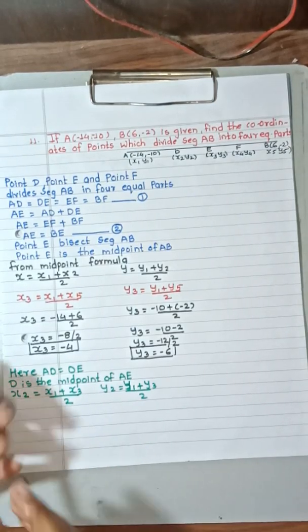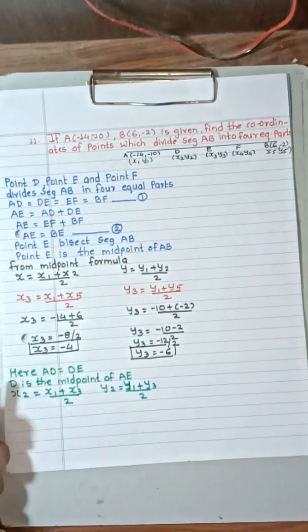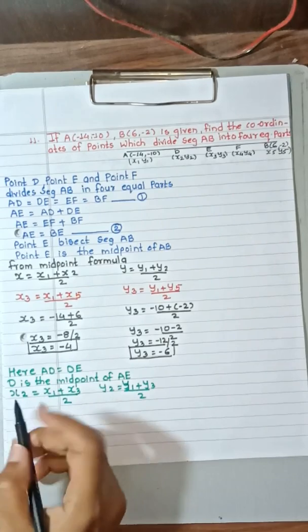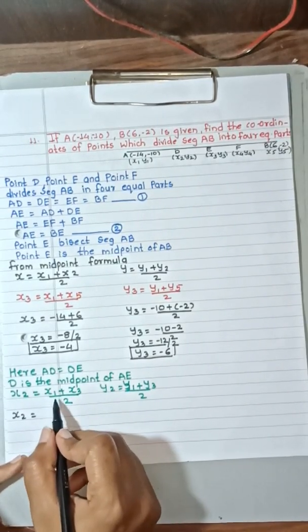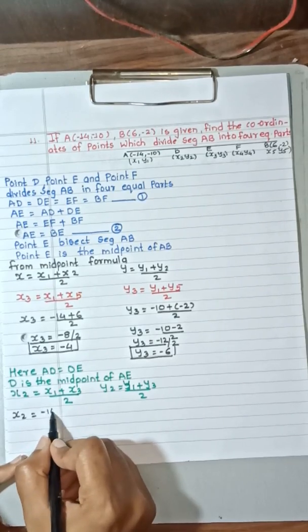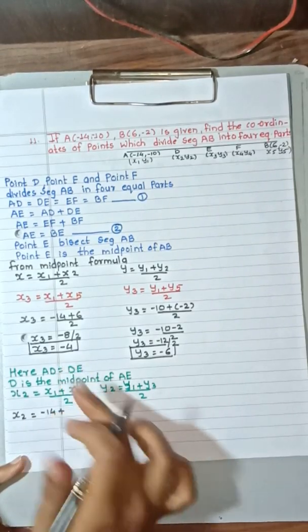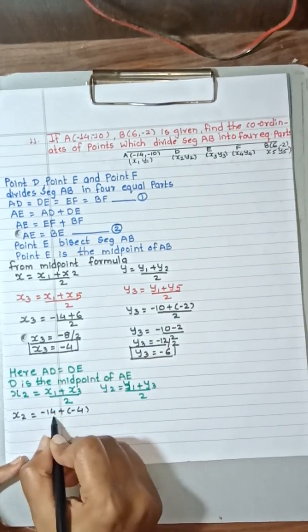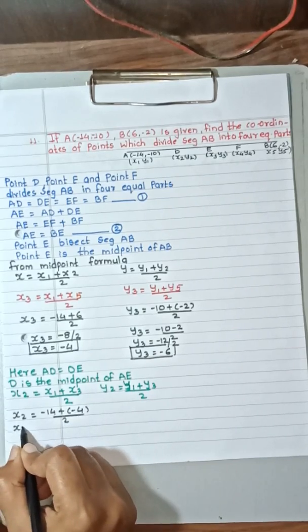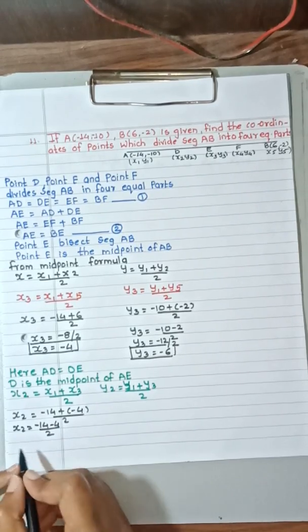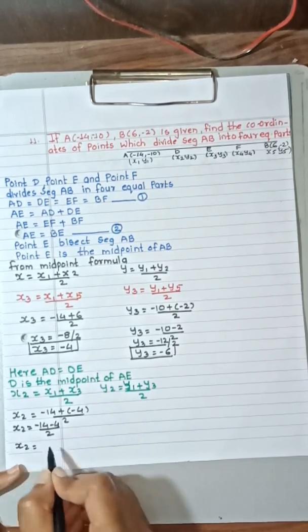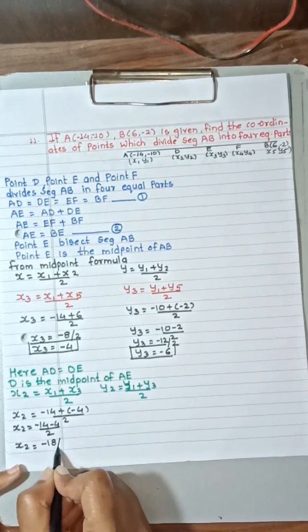Now we'll put the values over here. So x2 is equal to, what is x1? x1 is minus 14 plus x3. So x3 is minus 4, upon 2. Therefore x2 will be (minus 14 minus 4) upon 2. Therefore x2 will be minus 18 upon 2.